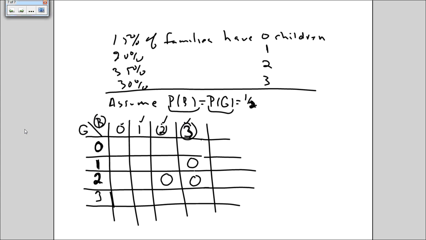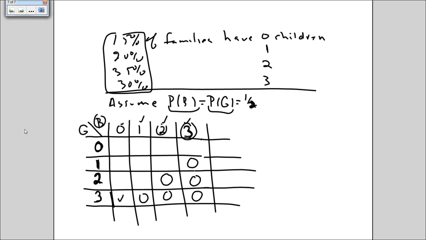If you have 3 girls, then you have to have no boys. You can't have 1 boy, because then you would have 4 children. You can't have 2 boys. You can't have 3 boys. By the way, these numbers add up to 100%. That means there are no other cases.